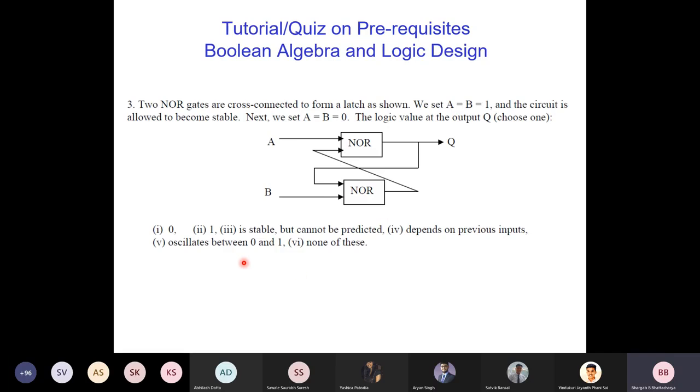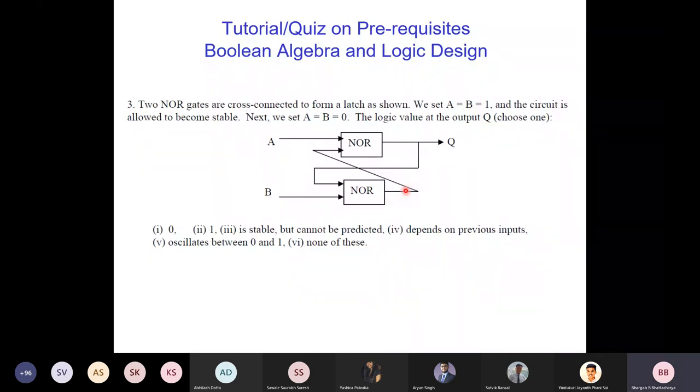So what is going to happen here is some kind of complicated thing. It is stable, but cannot be predicted. It could be either 0 or 1. Depending on which input changes faster than the other, if this one changes faster, then something will happen, and if the other changes faster, then the opposite thing will happen.